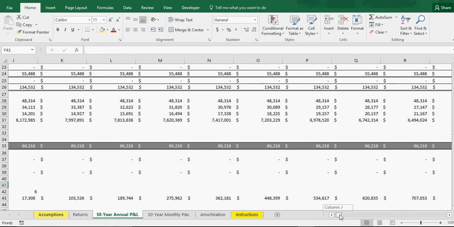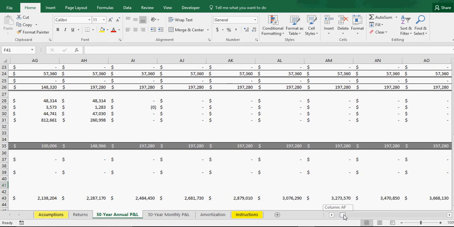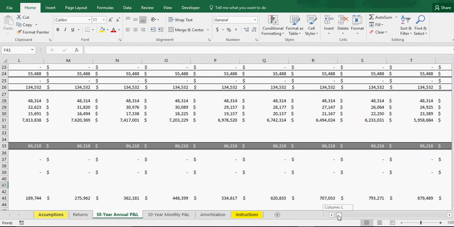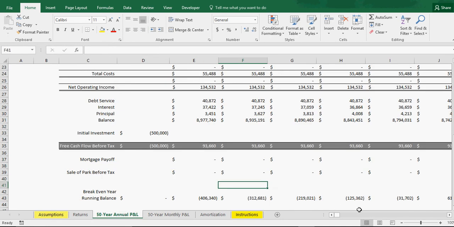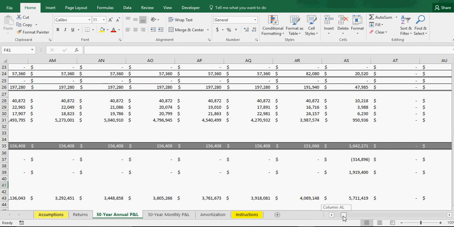So are we still borrowing? Yes. No. We're selling after the loan's paid off. Let's say the loan, though, say the loan's 50 years, so it still has a balance when we sell. That will take effect in the annual, as you see here.